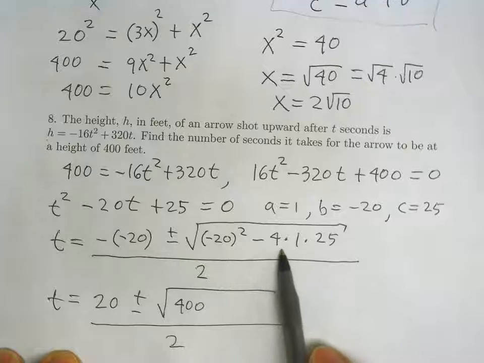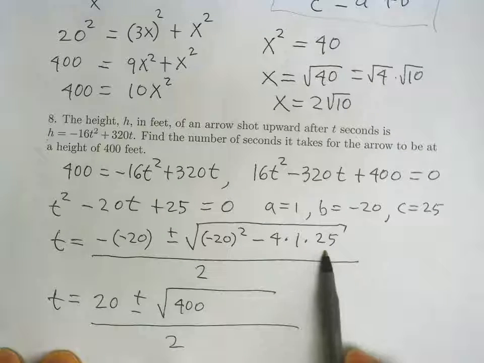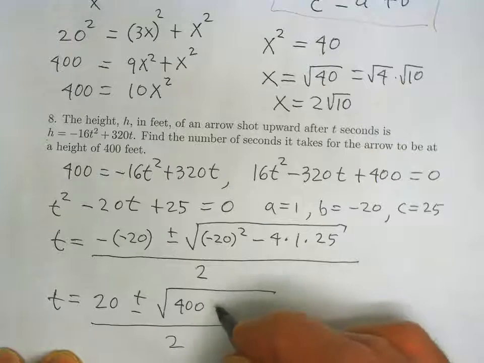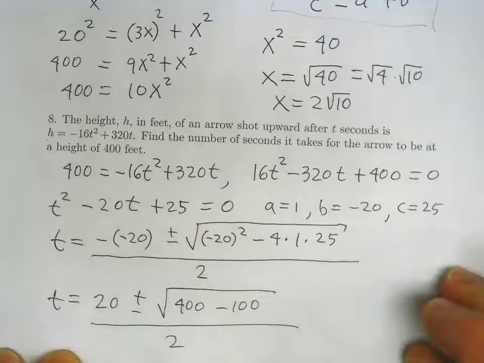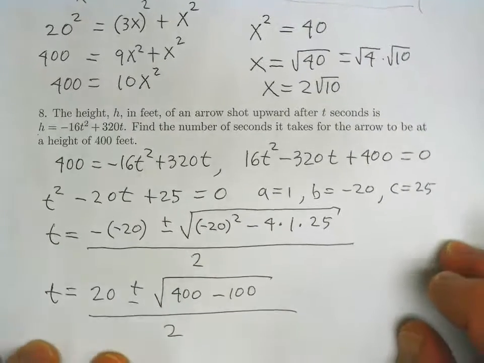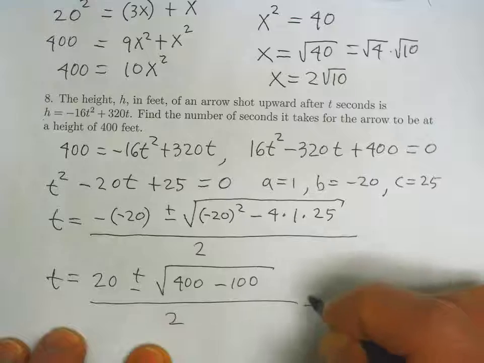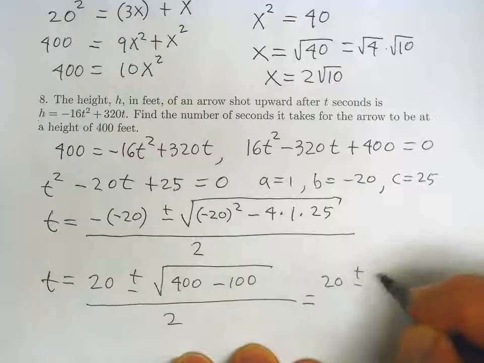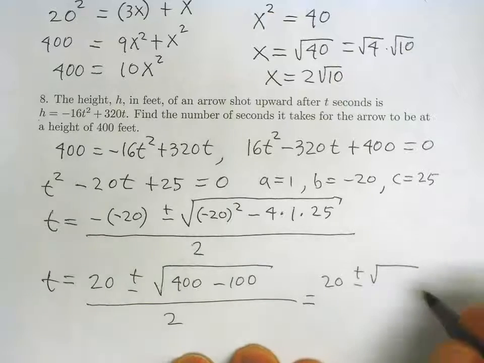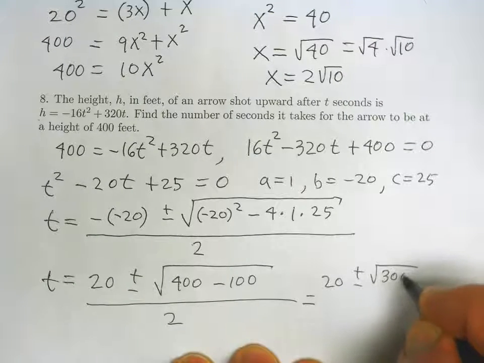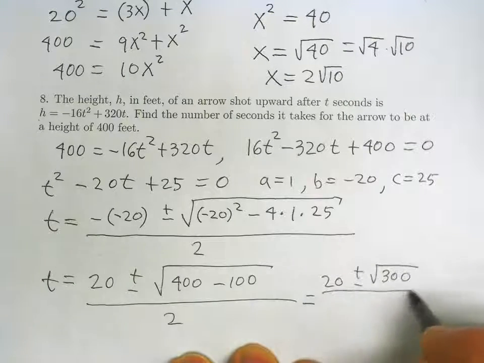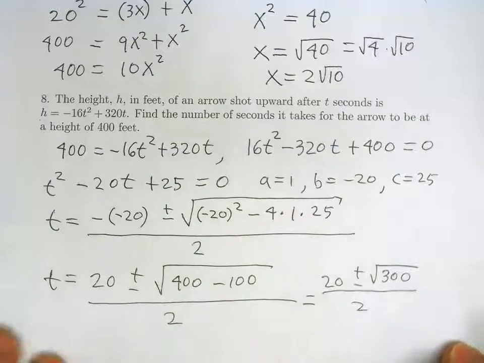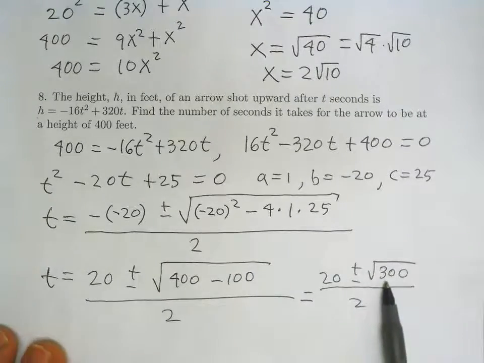And we're subtracting 100, since 4 times 1 times 25 is 100. And so we get 20 plus and minus the square root of 300 divided by 2. And then we'll simplify the square root of 300.